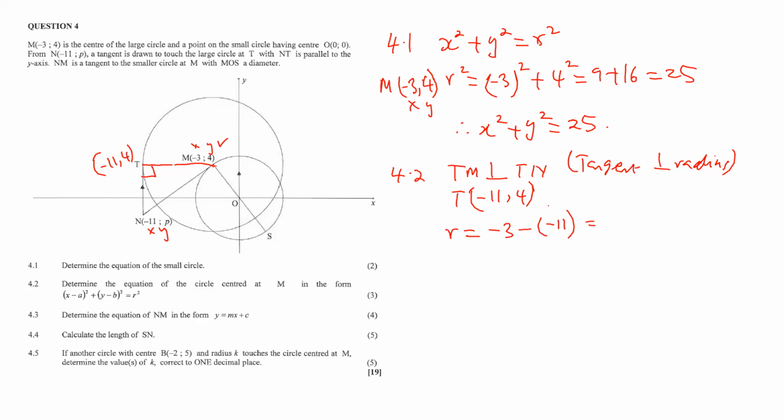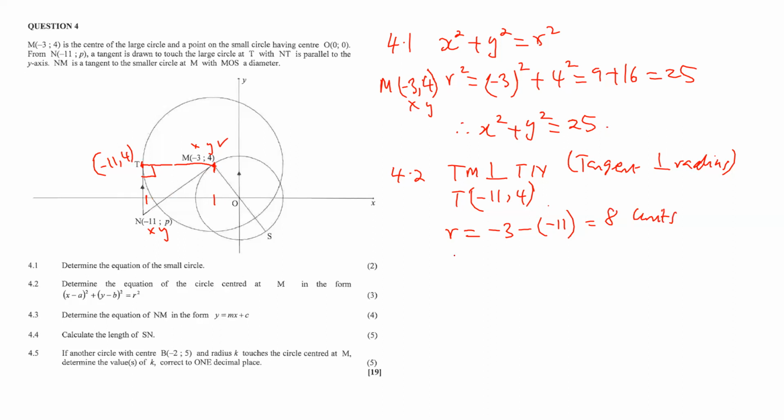In other words, the radius of the circle can be obtained by minus 3 minus minus 11, the distance from there to there, positive. And therefore, this is exactly 8 units.